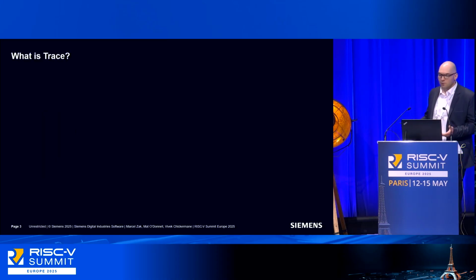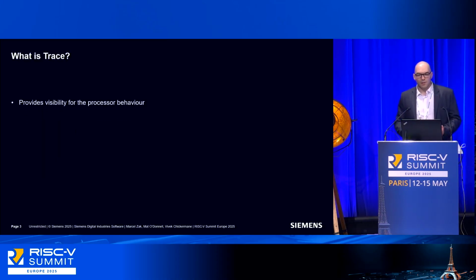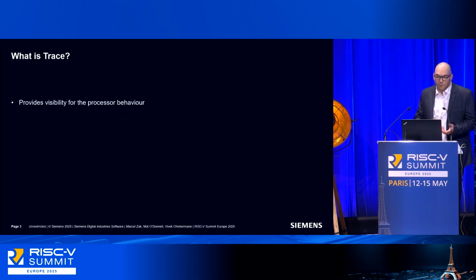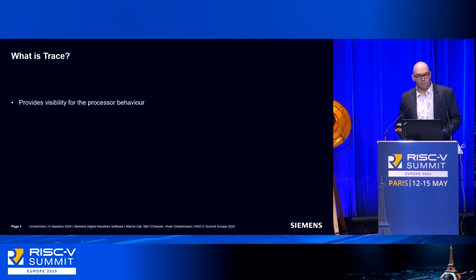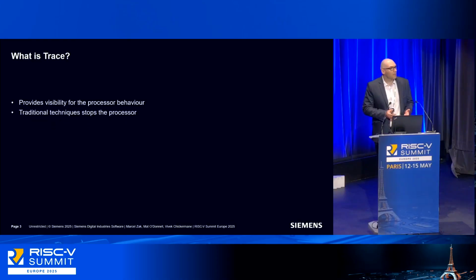So what is trace? It's a powerful technique that lets us monitor processor activity without interfering with its operation. Unlike traditional debugging methods like breakpoints or run control that need to stop the processor, trace gives us complete visibility into the processor's behavior while it keeps running at full speed.